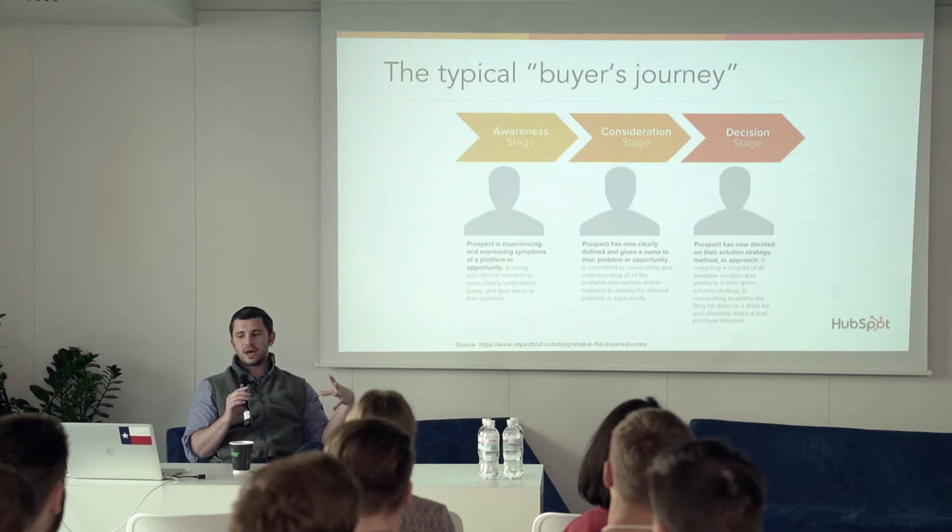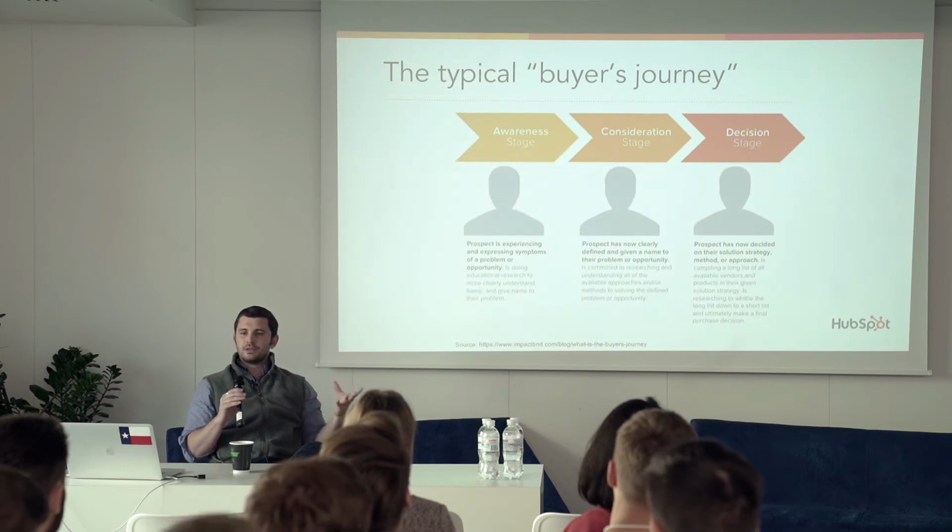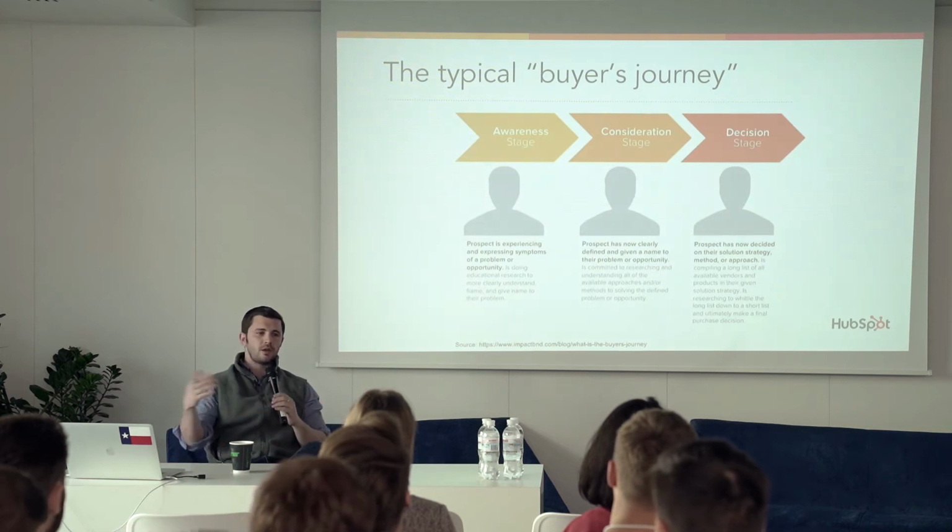Then you move down that pathway into consideration, where people start to understand what solutions are out there on the market, and they start to compare them and build a landscape of different possible solutions, products, services. And then the decision stage is when they're comparing, making pros and cons lists, charts, doing the rational buying process that most buyers should do.